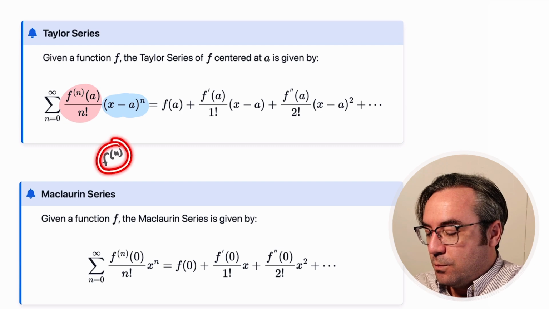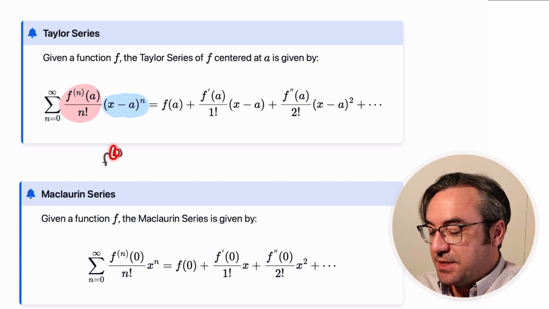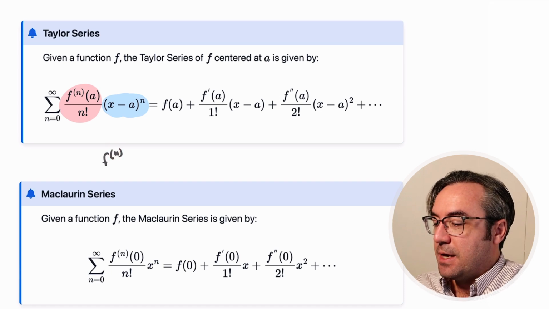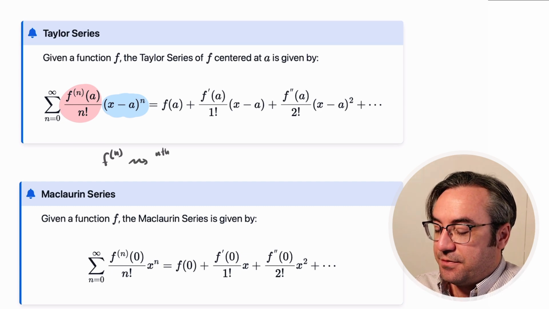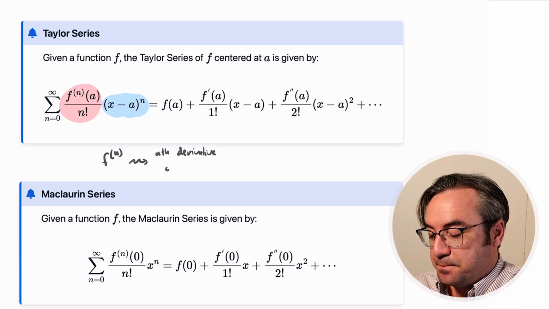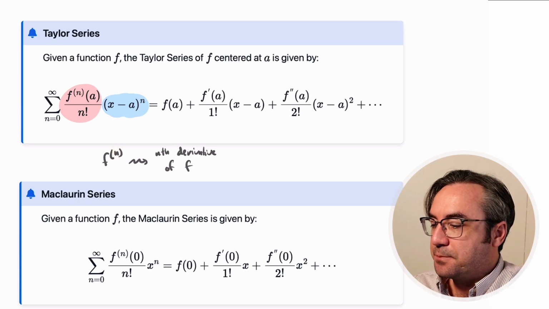So we can also indicate derivatives with parentheses and then a number. What this indicates is the nth derivative of our function. So we could say parentheses 4 for the fourth derivative, just a little cleaner.